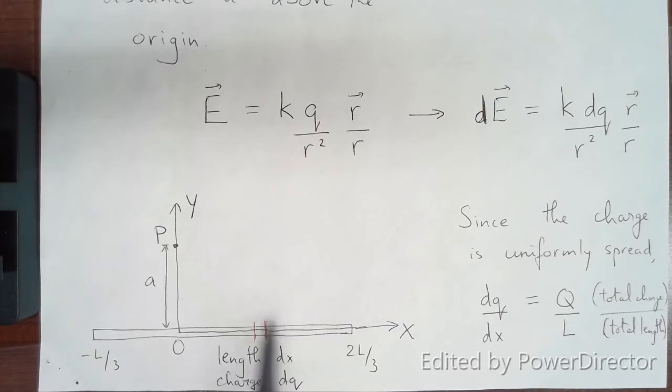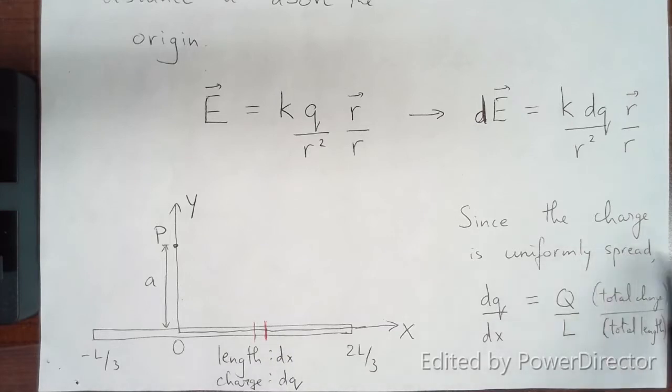For now, we are going to just focus on this little piece here with length dx and charge dq. But the idea is that eventually when we move to the integral, it allows this piece to move from here to here to here to here, and each time is producing a little field dE, and we're going to add up all those contributions to find the total electric field.